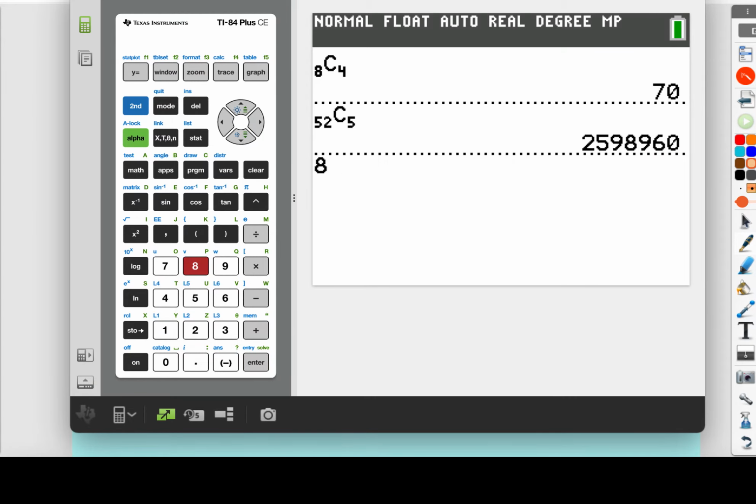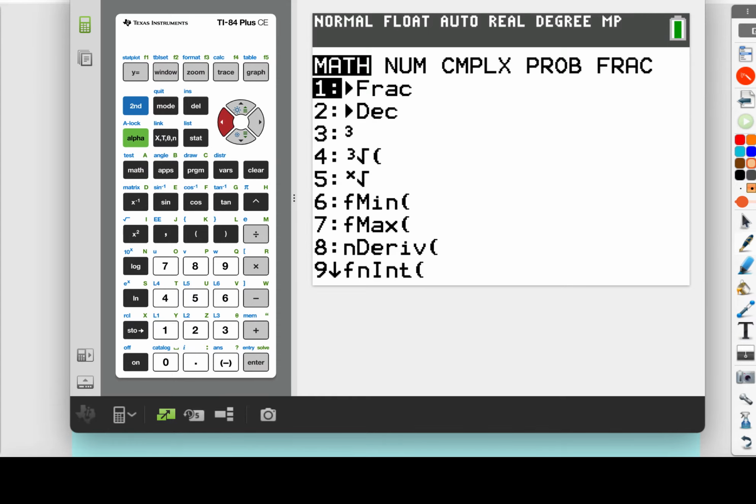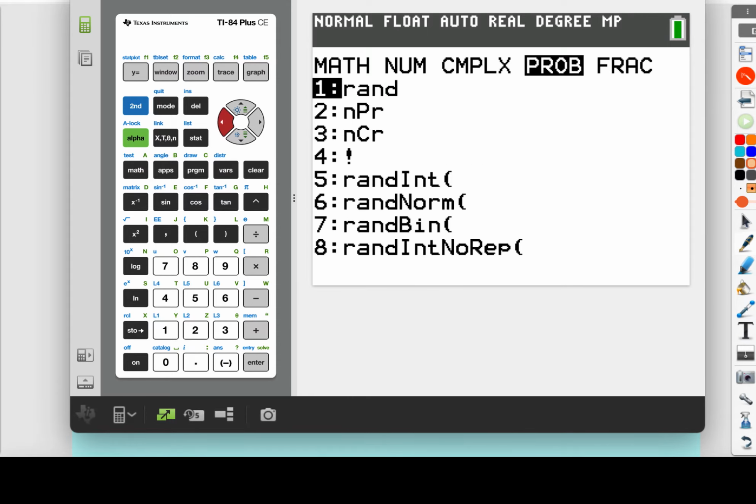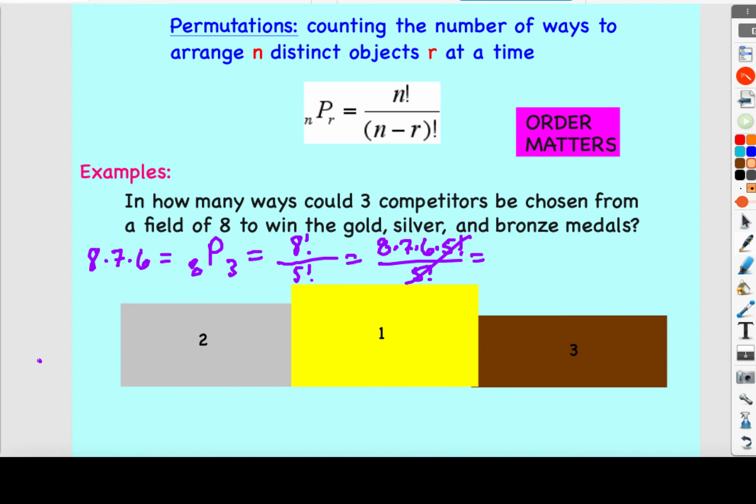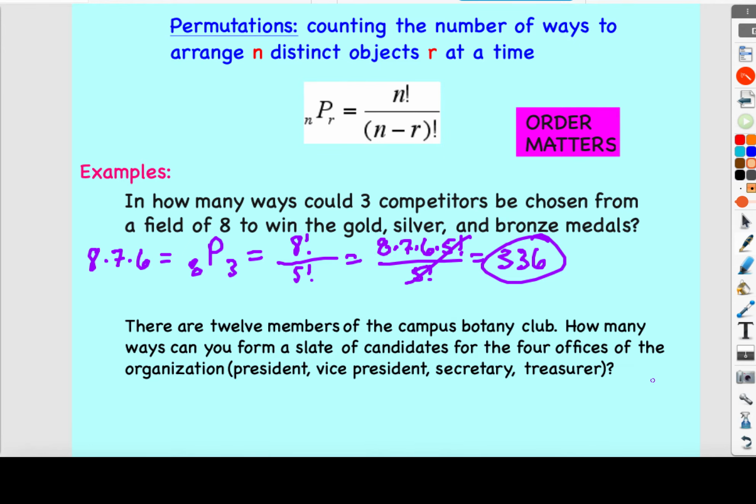Type in 8, math. You may have noticed on that probability menu right above combinations was nPr, permutations. And we can choose 3 people. And it looks like we're at 336 possible outcomes there.